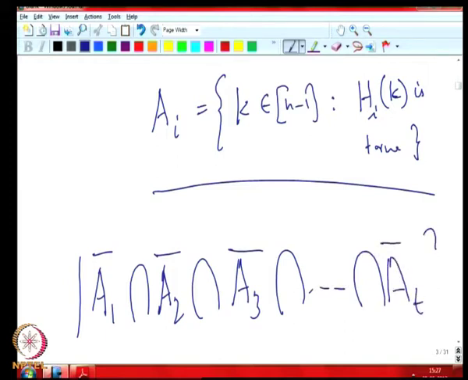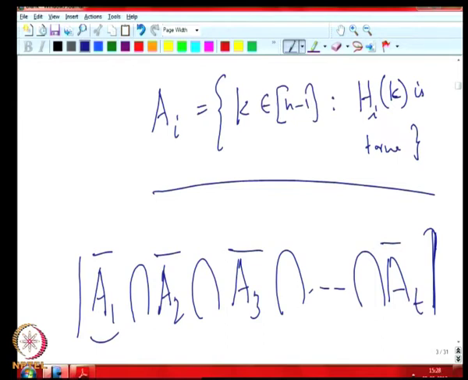Why? Because A1 means p1 is a common factor between the numbers of A1 and n. So A1 bar will not have p1 as common factor, and the numbers in A2 bar will not have p2 as common factor with n.